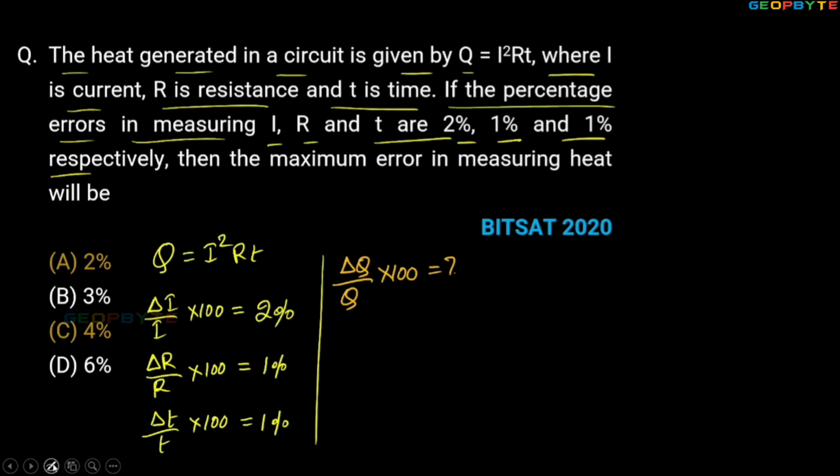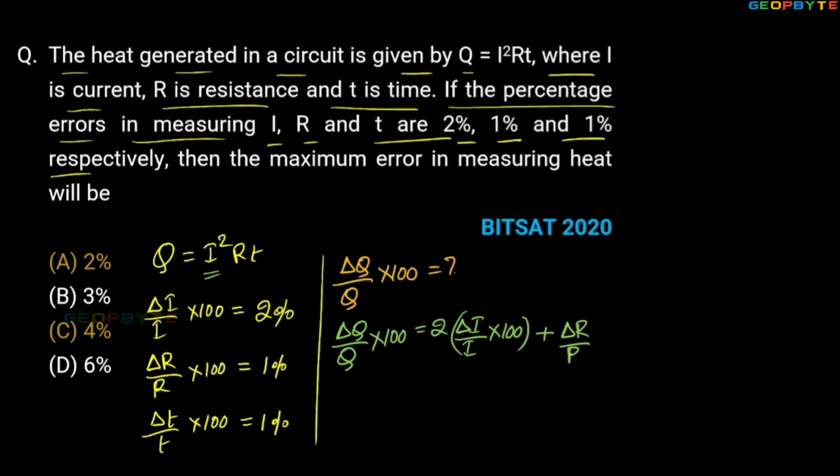As we all know, since Q equal to I square RT, delta Q by Q into 100 is equal to 2 into delta I by I into 100 plus delta R by R into 100 plus delta T by T into 100.